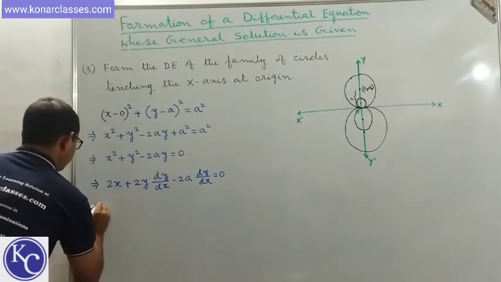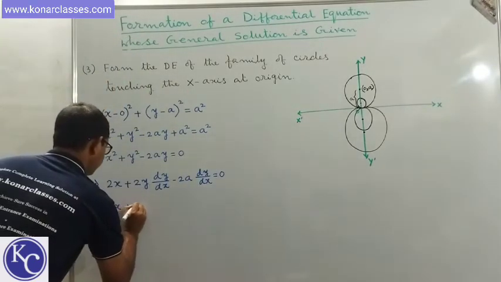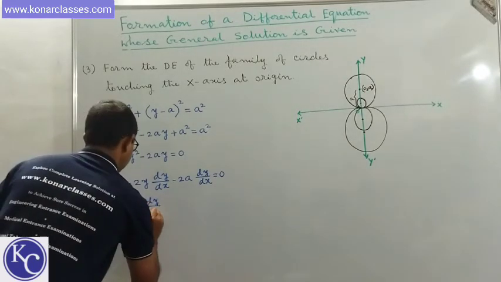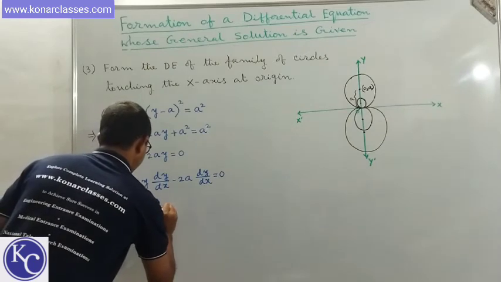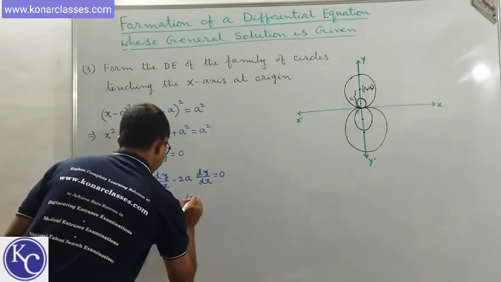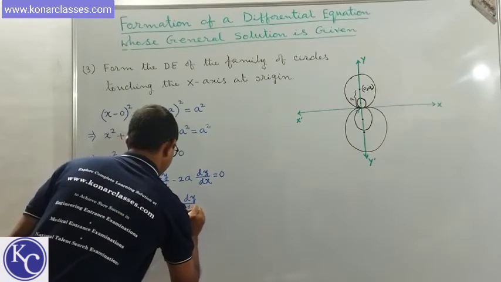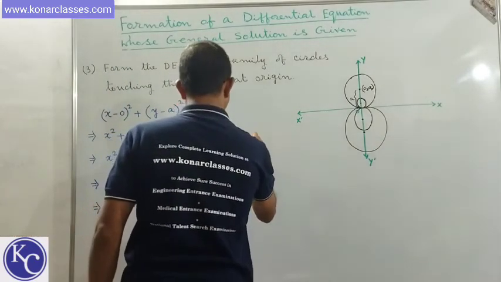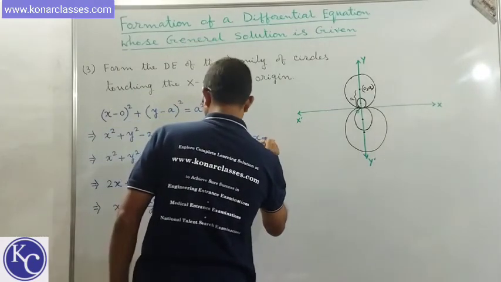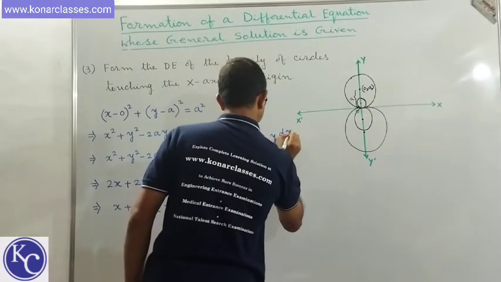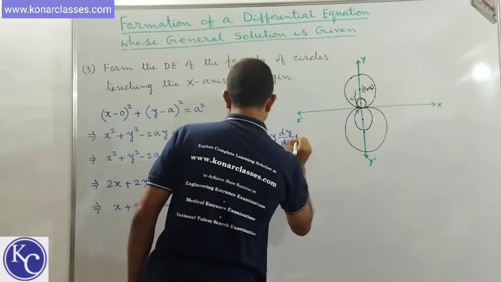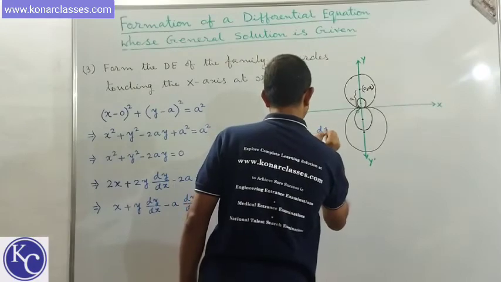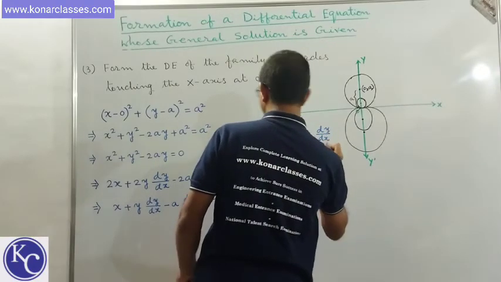From here, what you can write is x plus y dy/dx minus a dy/dx is equal to 0. So x plus y dy/dx is equal to a dy/dx.